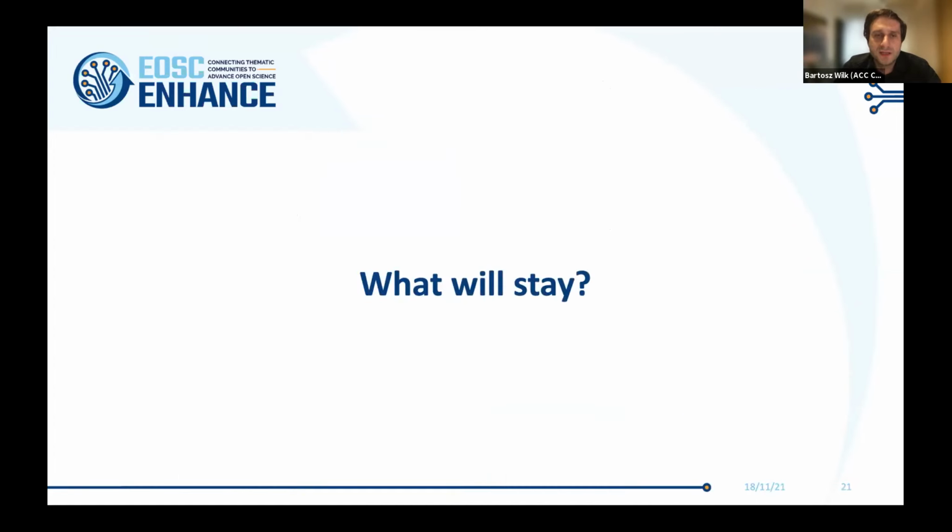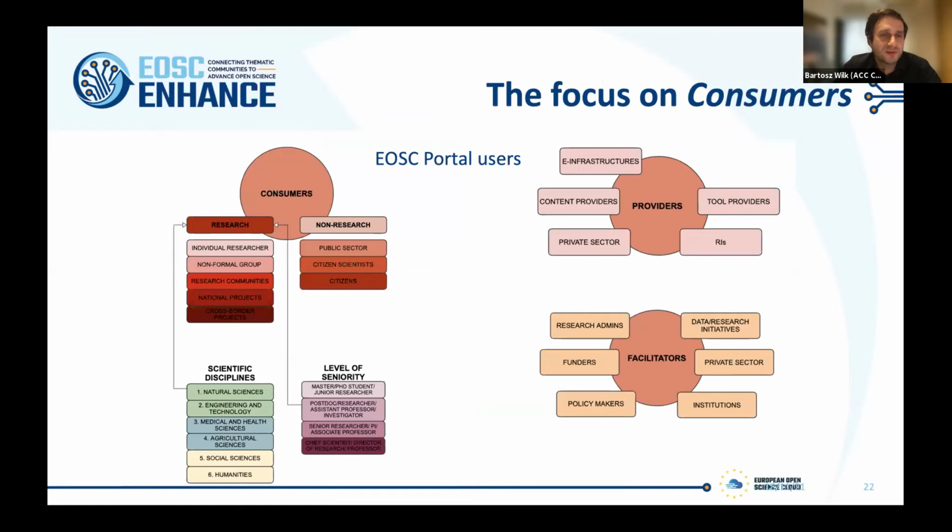So what will stay when all these things change is the focus on the customers. So basically researchers and non-research representatives from the public sector, citizen scientists, or just citizens. This will be the focus of the front office of the EOSC platform.